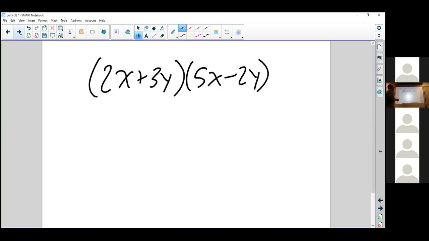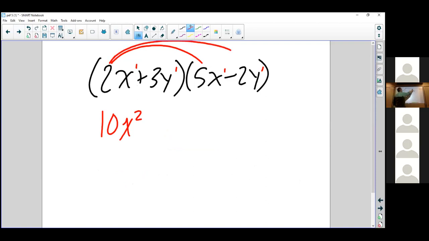Next problem. Let's take a look at it. Notice now I have x's and y's. Okay, it's going to still work the same way. You can realize that those are all to the first power right now. So you're going to go 10x squared because you add the exponents, minus 4xy plus 15xy. Now, could you have yx?